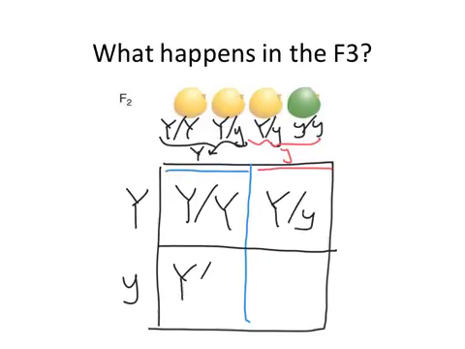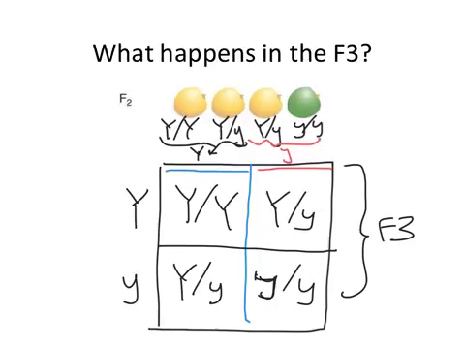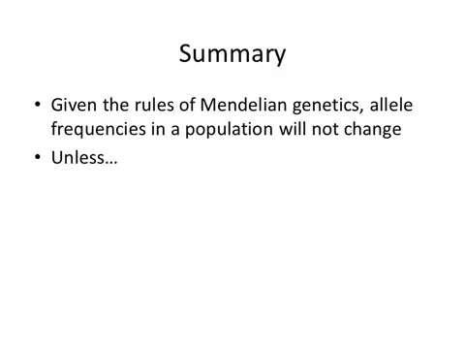And what the Punnett square tells us is just the relative frequencies or ratios of those genotypes. So did allele frequencies change from the F2 to the F3 generation? What's the ratio of big Y's to little y's inside the Punnett square? 50-50. 4 big Y's, 4 little y's. Allele frequencies didn't change.